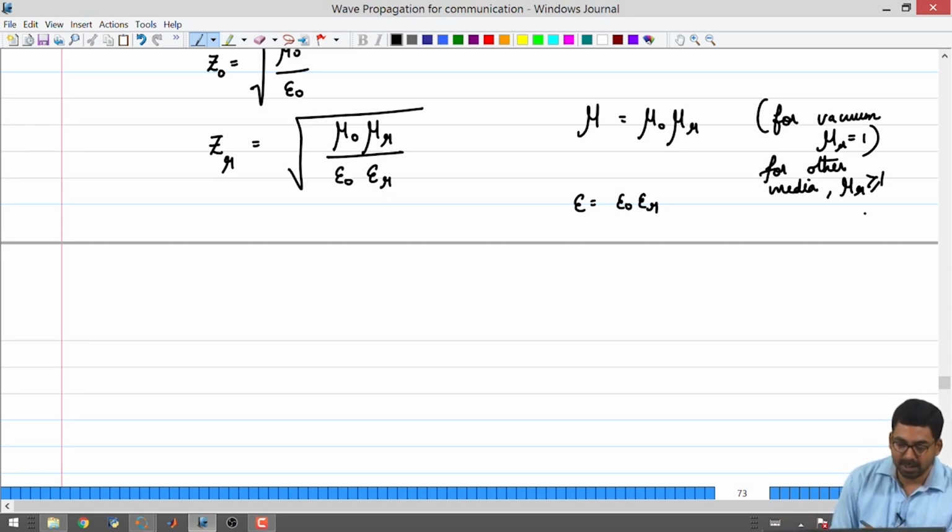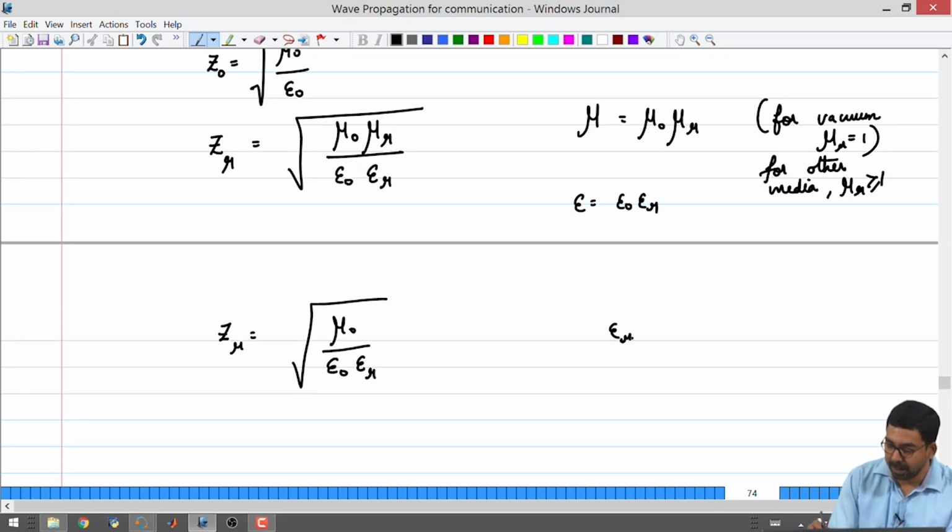which means that for non-magnetic materials, which are very common, Zr is the square root of mu naught divided by epsilon naught epsilon r, where epsilon r is greater than 1.